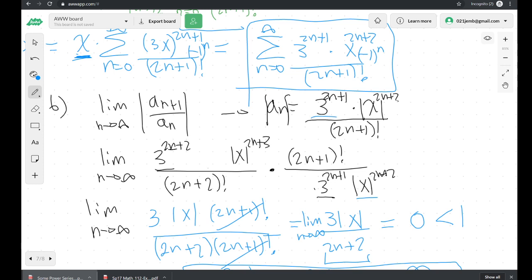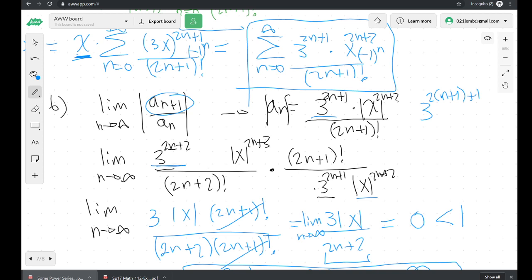It's part of a sub n. But what happens when you add 1 to n? That's going to be n plus 1, right? So that's going to be 3 to the power of 2 times n plus 1 to find the values for a sub n plus 1 over here.